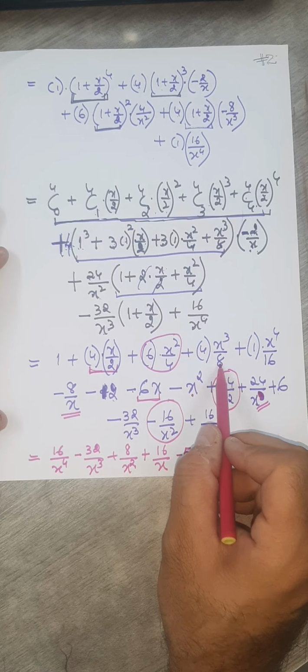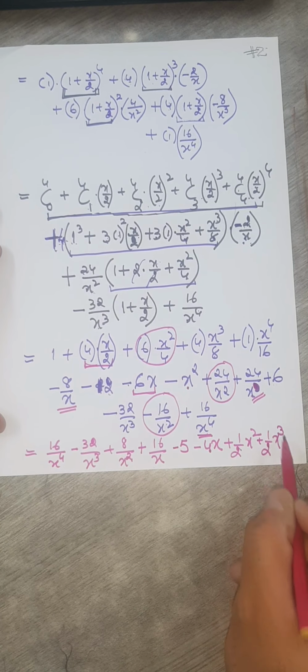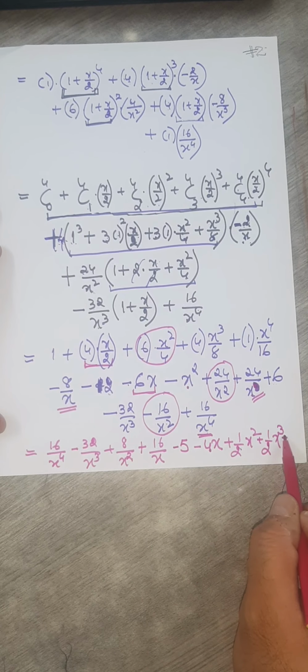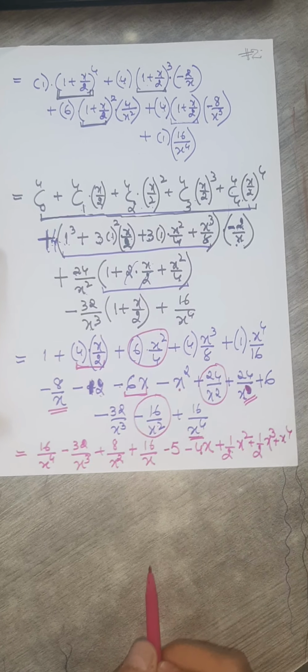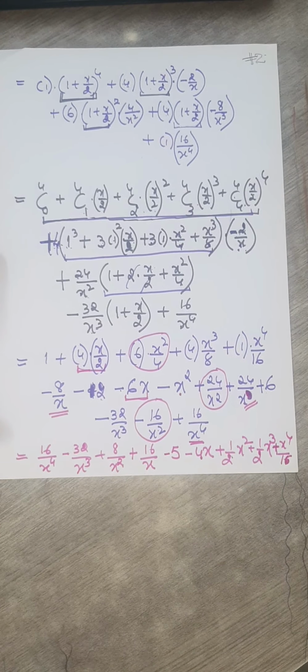This is half x cube, and this is nothing but x raised to 4 by 16. So this is the final expansion. Right? I just did it for you.